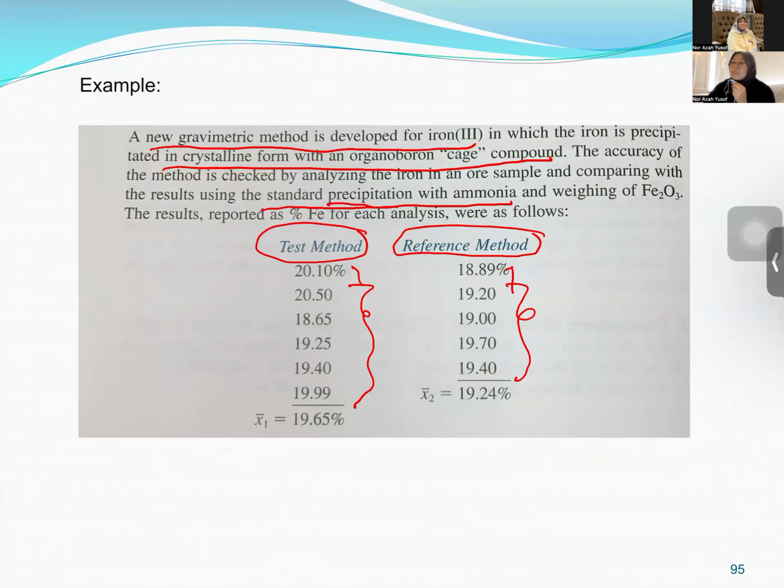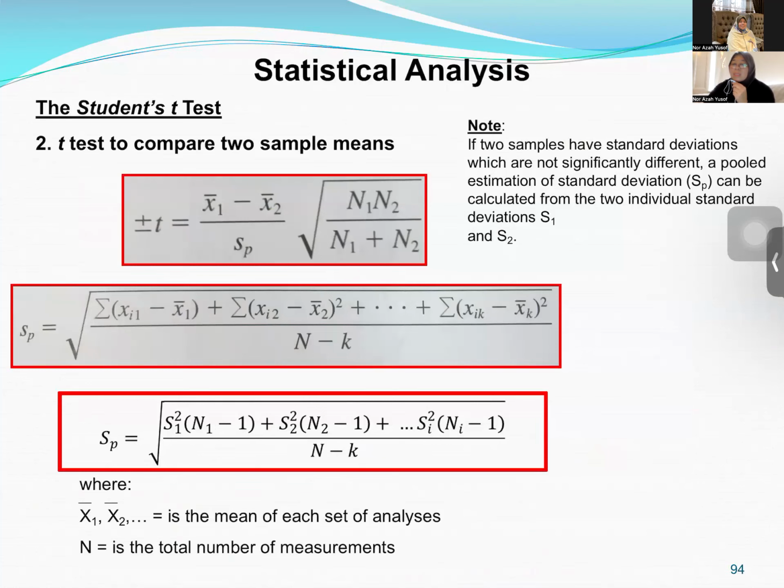So now, instead of just calculating the standard deviation S like the previous one, we have to use what we call the pooled standard deviation.